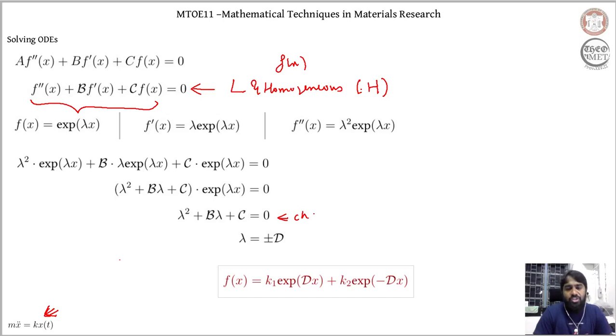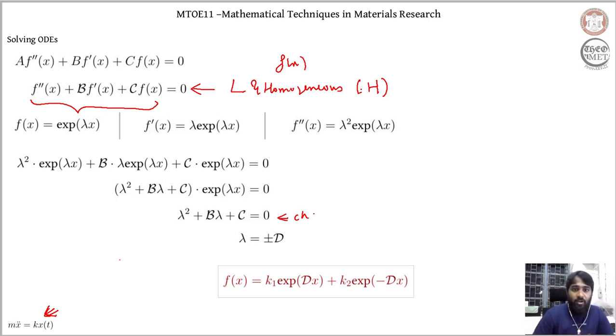So what it essentially means is, the way we treat the solution, the approach we adopt to solve a given ODE, depends on the mathematical nature of that ODE. It depends on the nature of the ODE that reflects our physical problem. If the ODE that reflects our physical problem is linear and homogeneous, now we know an approach to arrive at the solution for it.